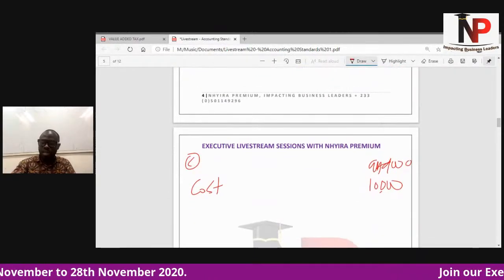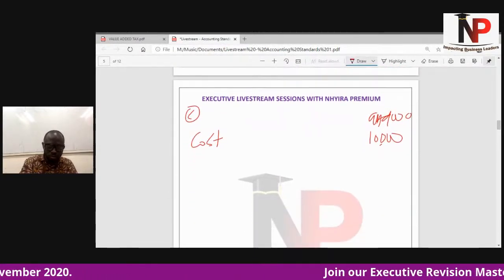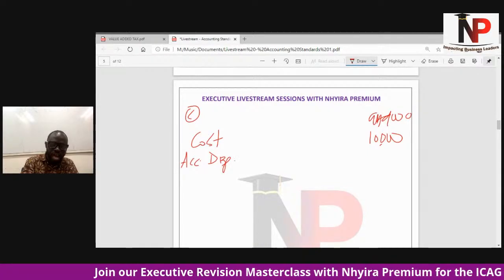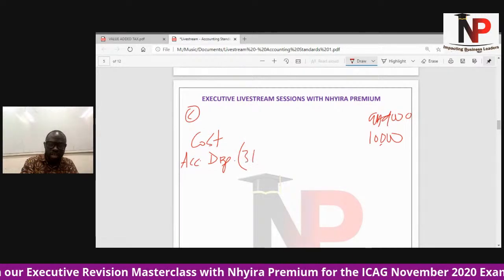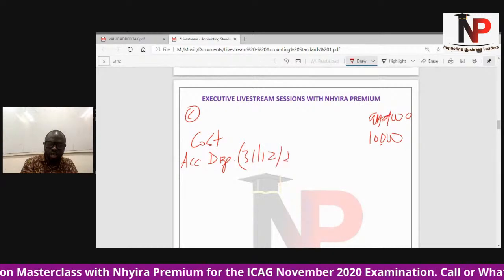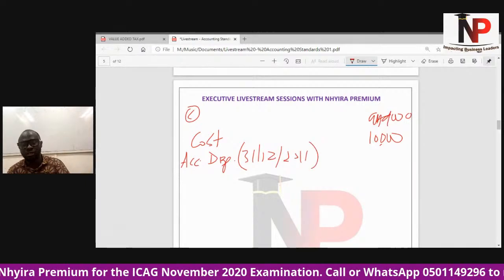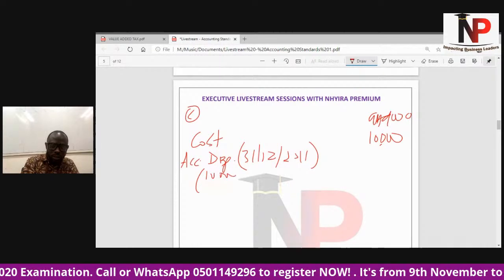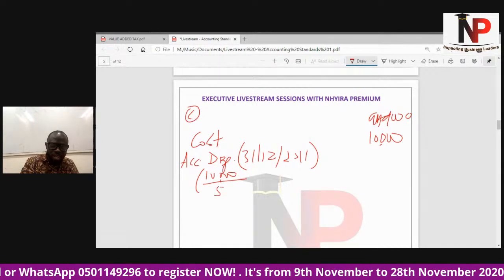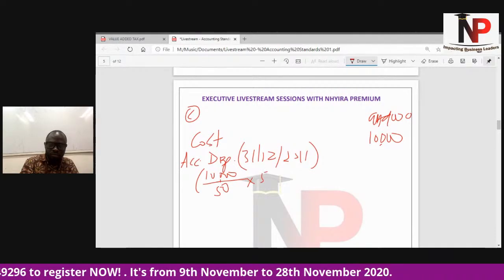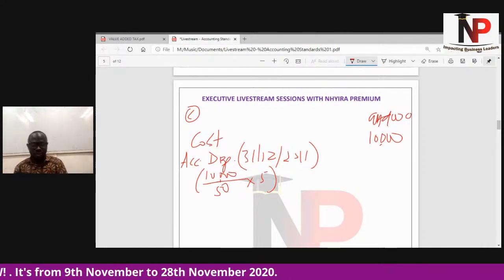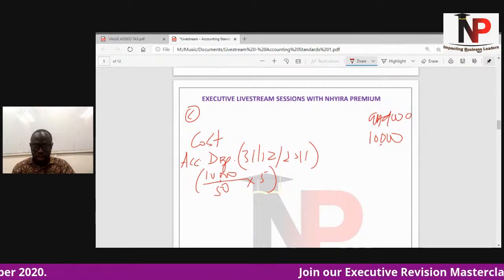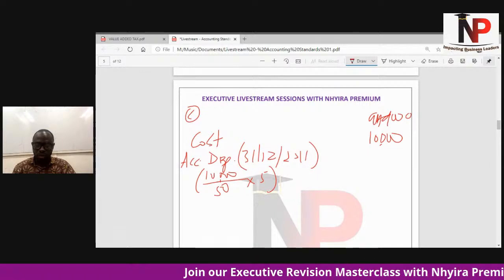So let's bring the accumulated depreciation for the 5 years ended 31st December 2011. Now that will be a 5 years period. So that's going to be 10,000 divided by 50 years times 5.